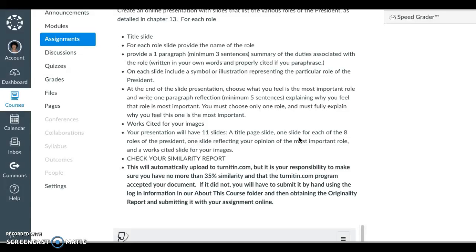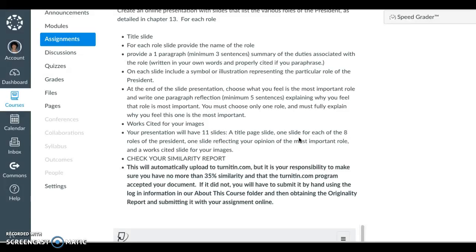At the end of the slide presentation, choose which one role. If you tell me that they're all important and you write about all of them, you will not get points for that. So at the end of the slide presentation, choose which one role you feel is the most important and write a 5-sentence minimum paragraph reflecting why you feel that it is the most important role.